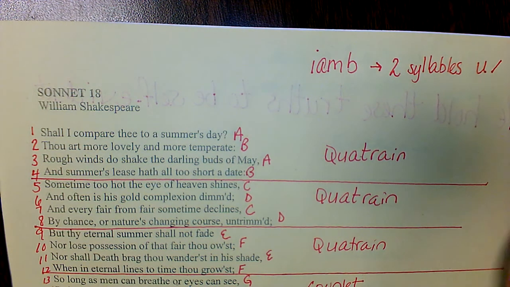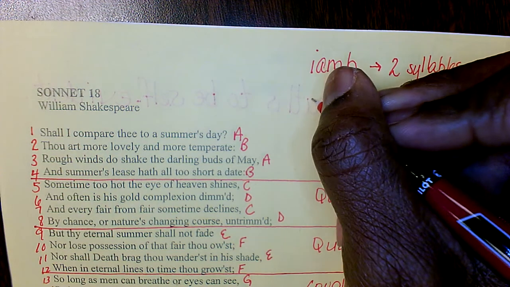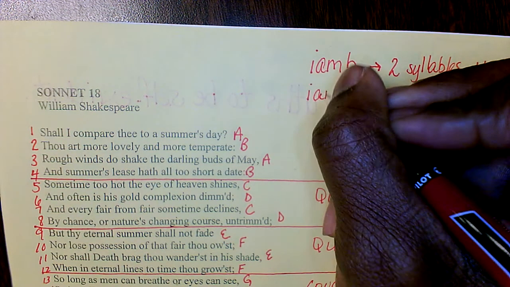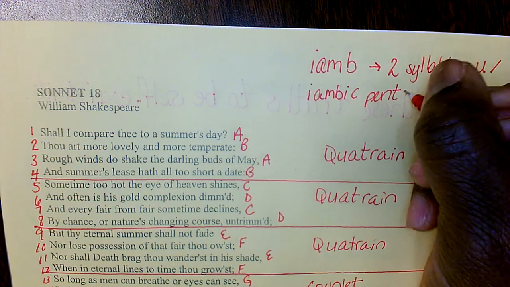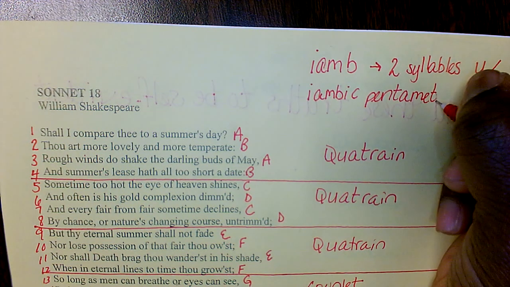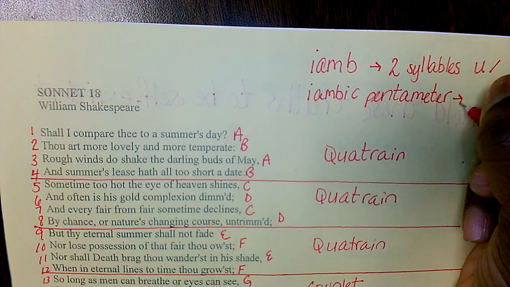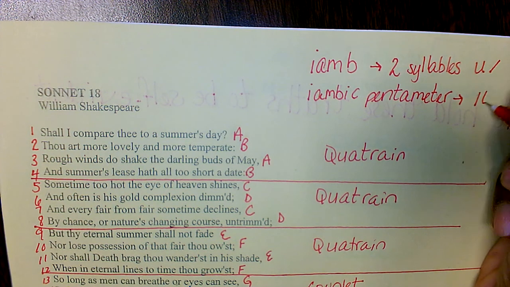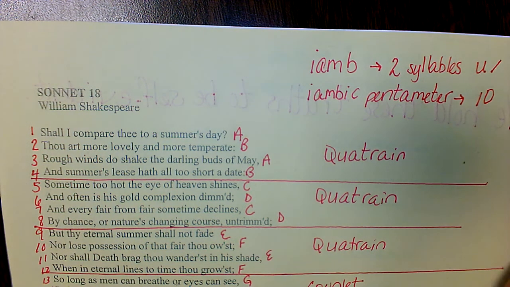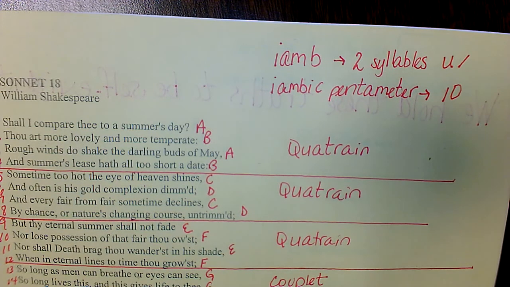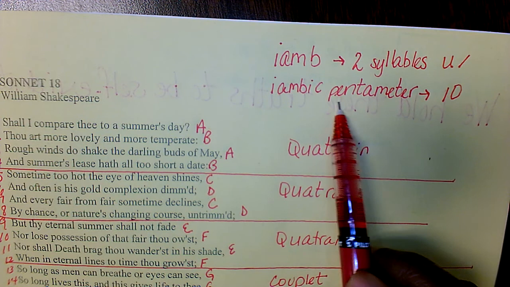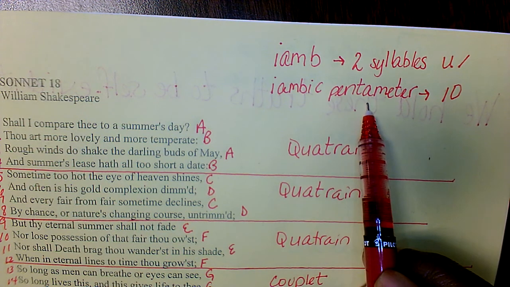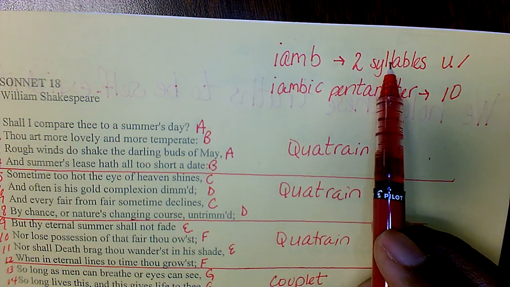When we have iambic pentameter, which would be so cool if we said pentameter, we're talking 10 syllables. So it's 5 groups. So that penta, remember, like pentagon, it's 5. 5 groups of 2 syllables each. So we get 10 syllables total.